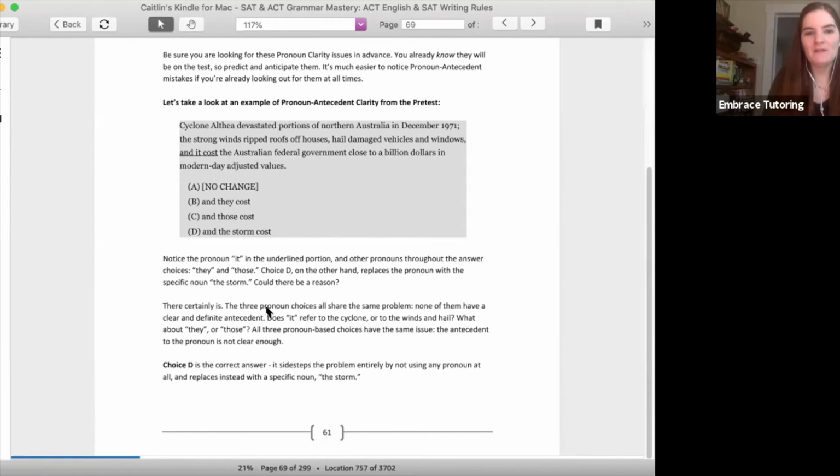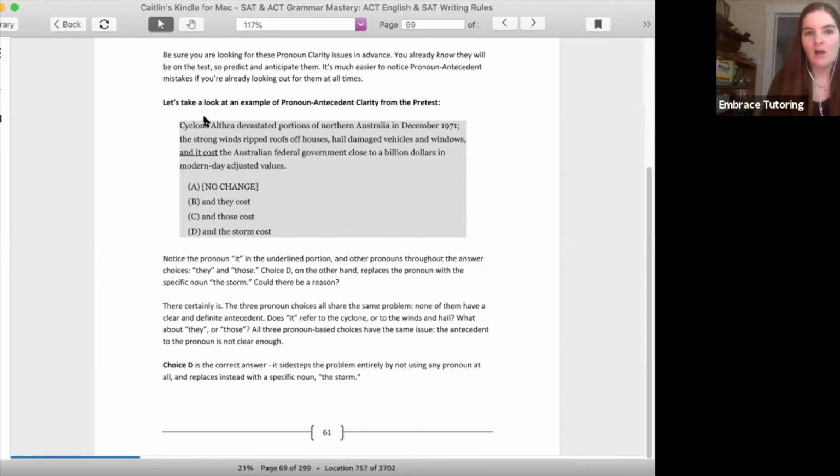So if we notice here, the pronoun "it" in the underlined portion, "and it cost," that's the part we're looking at in isolation to try to change within the context of this sentence. It's a compound sentence, because we have a complete independent clause up at the top, separated by a semicolon.